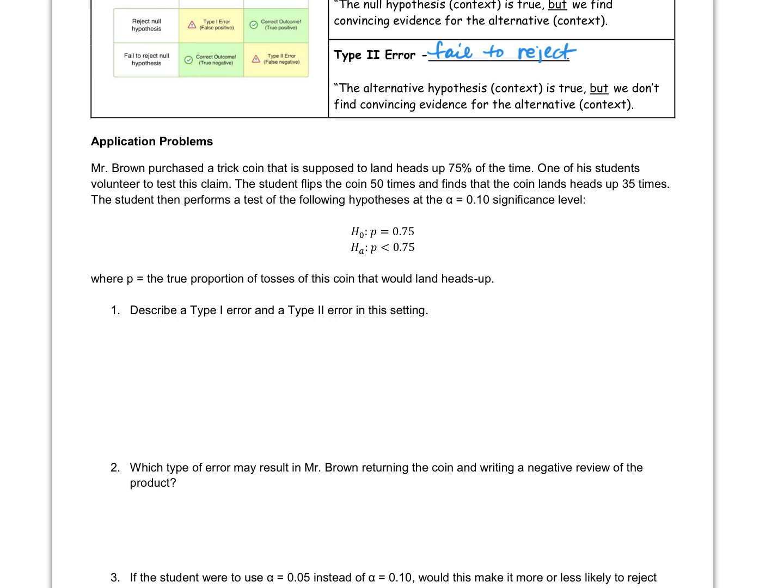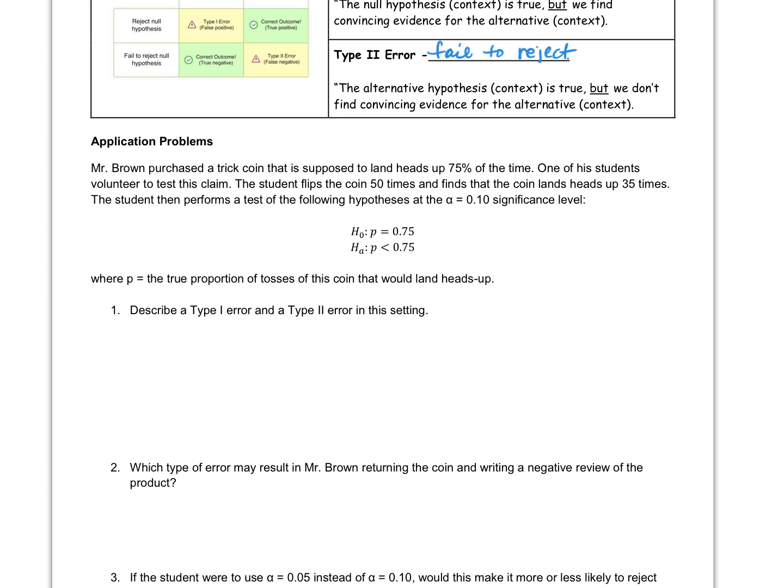The student then performs the test of the following hypothesis at a 10% significance level. So notice that changed a little bit, didn't it? They gave us the null and the alternative. See how it's a little curly P? That's really rho, R-H-O, but who cares? P is 0.75.